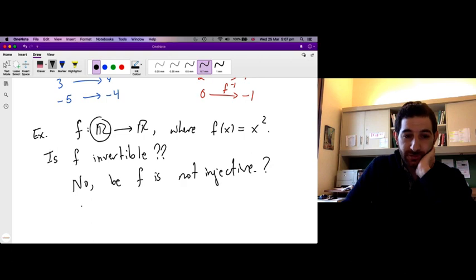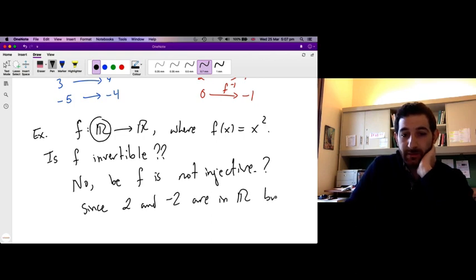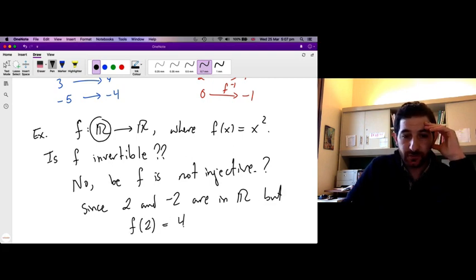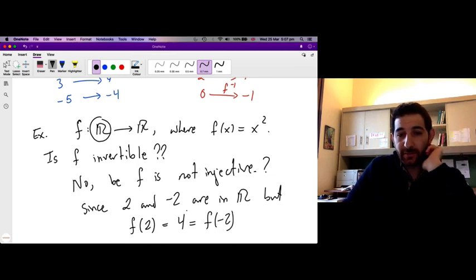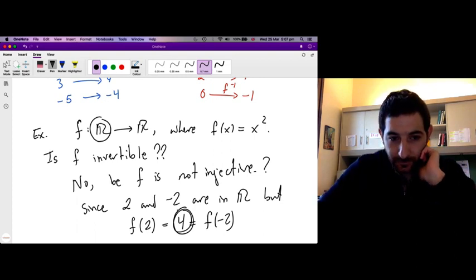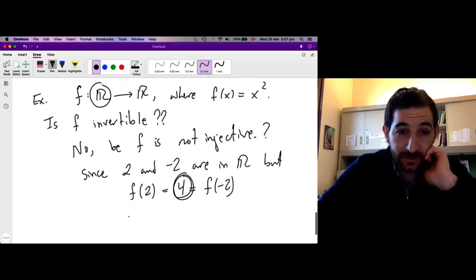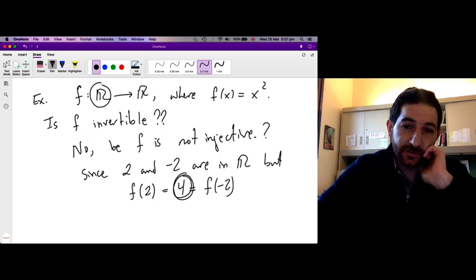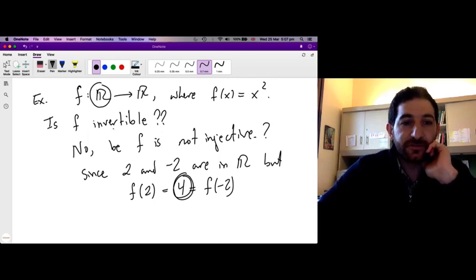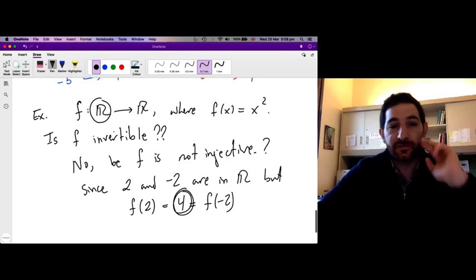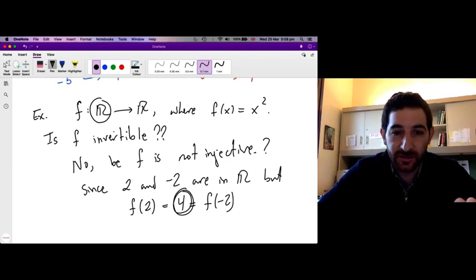Say, 2 and -2 are in R, but f of 2 is equal to 2 squared, which is 4, and 4 is also equal to f of -2. So we have two different elements which have the same image 4. And this shows that it is not injective, so it's not bijective, and so it's not invertible. We cannot define an inverse for a function which is not a bijection.